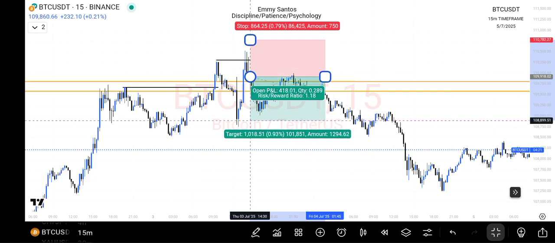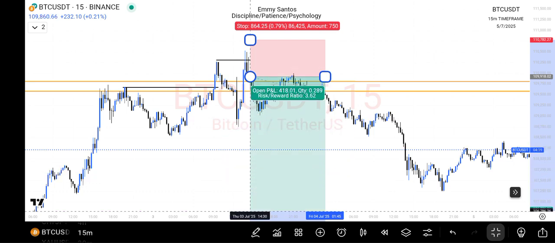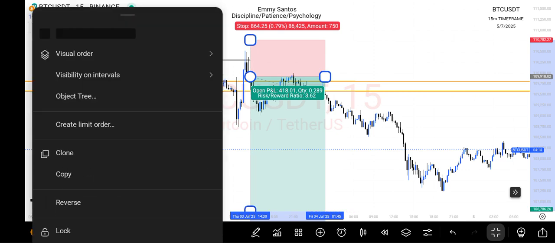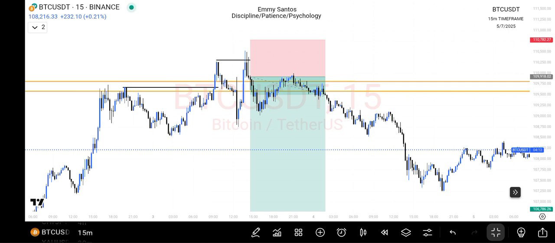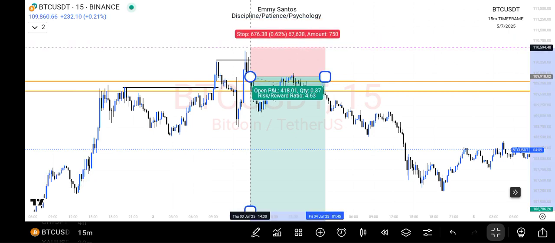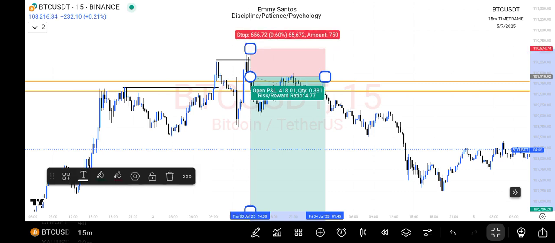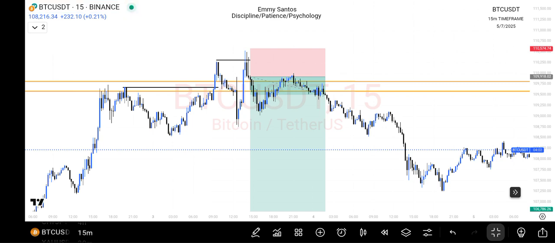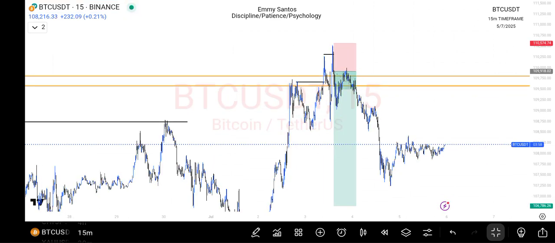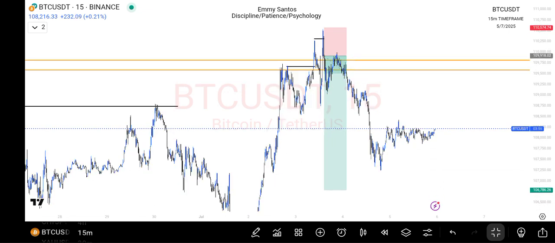Although I'm expecting a 1:5. I took this trade because of the liquidity sweep down there. That was the exact reason I took the trade. So it's not all about the strategy, it's all about the psychology.